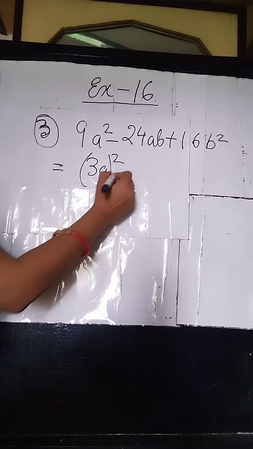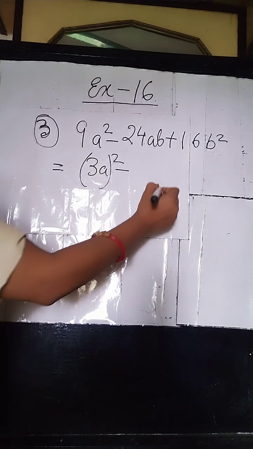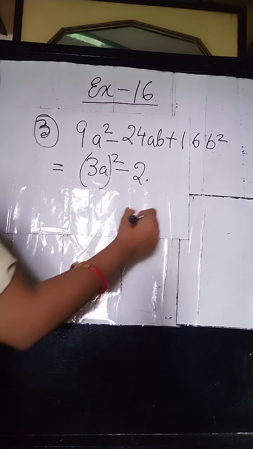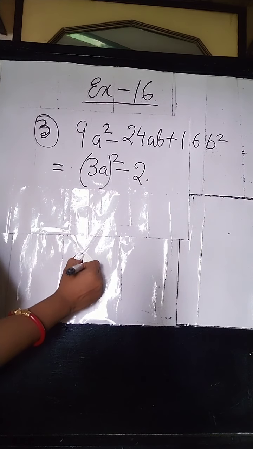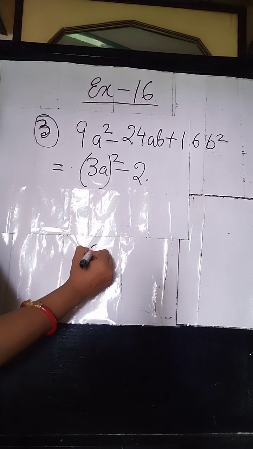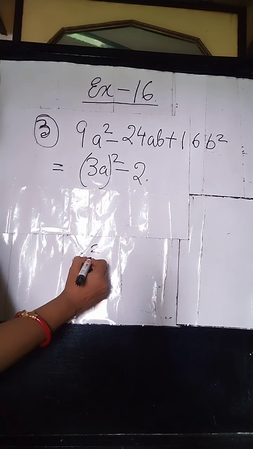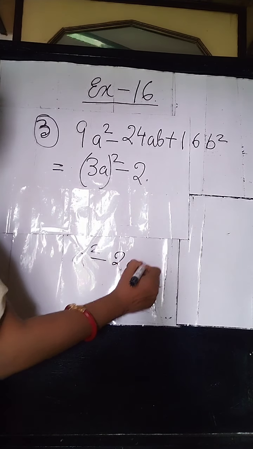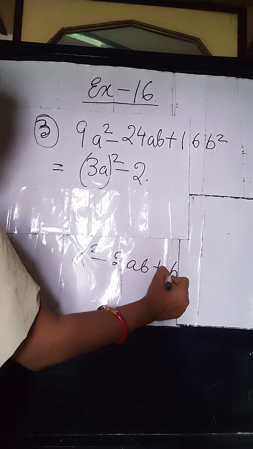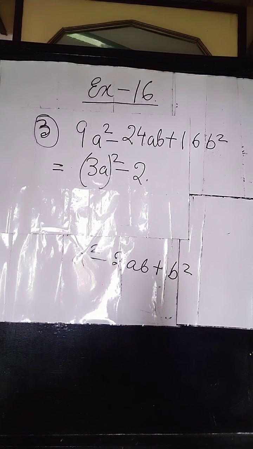So 3a whole square minus 2 into, we are using the formula a minus b whole square. So we will try to keep this in the form of a square minus 2 into a into b plus b square. So this formula we will try to keep in mind.